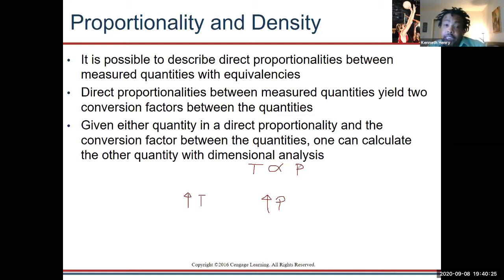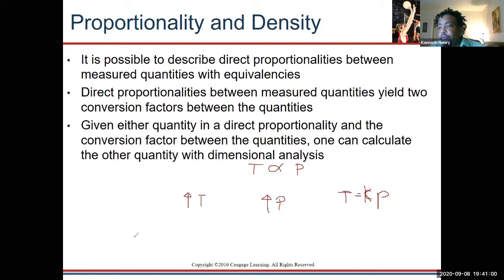Now, that doesn't mean that they're equal to each other, but they have some proportionality. There are ways that we can make them equal: T equals some constant, let's call it K, times P. That constant allows us to say they're equal to each other. If they're both going in the same direction, they're considered directly proportional.